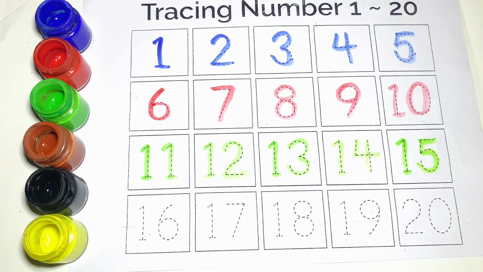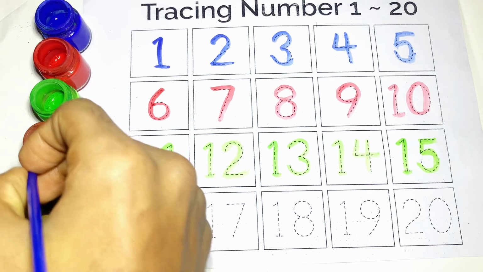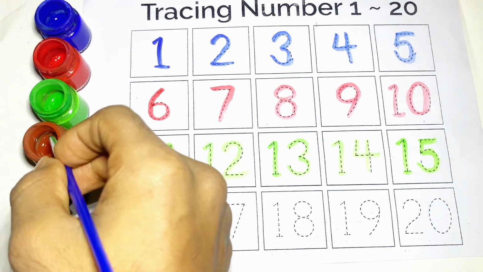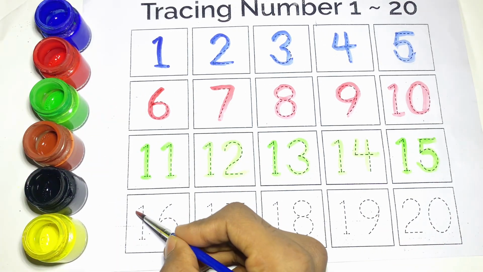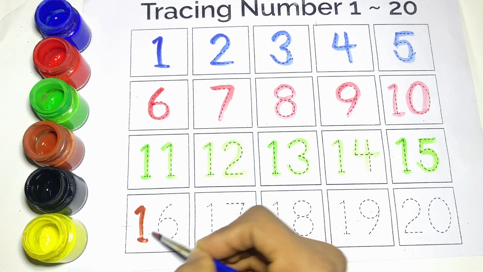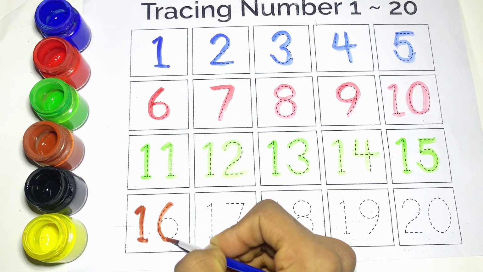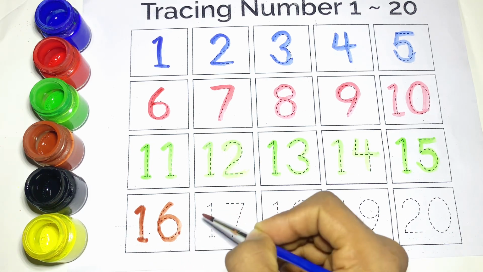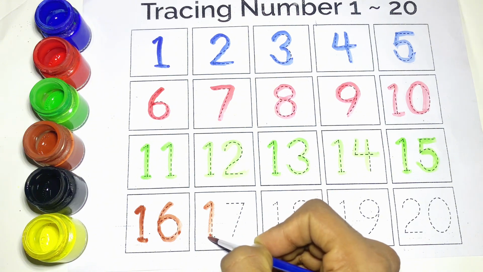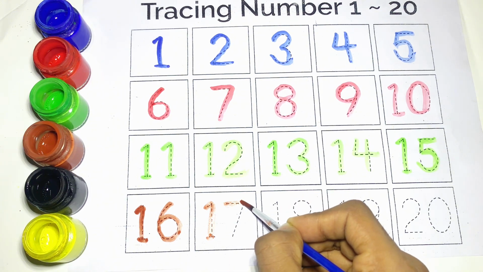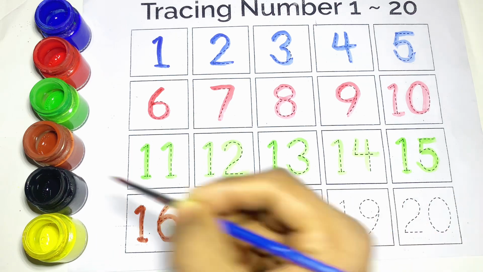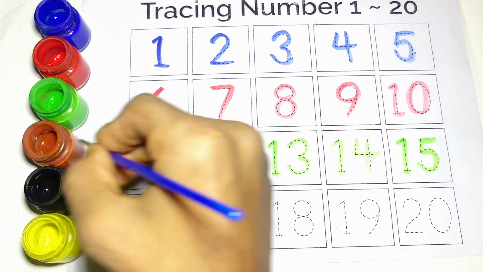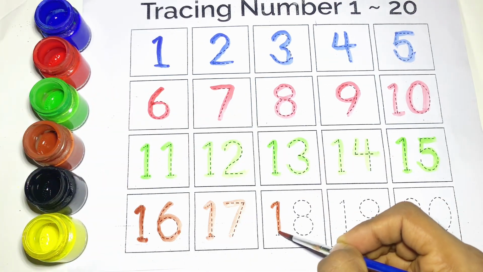Kids, now draw 16, the numbers of 16. And use brown color. 17, the numbers of 17. Kids, now draw 18, the numbers of 18.